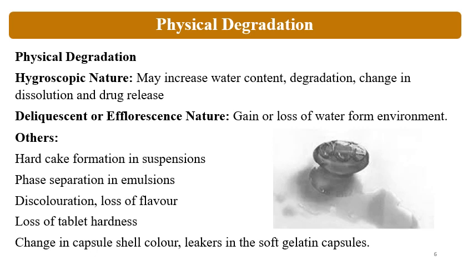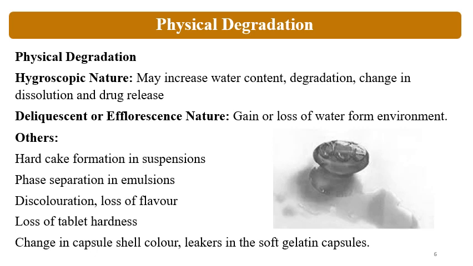And other physical degradation or physical changes involve changes like hard cake formation in the suspension formulations, phase separation in emulsions, discoloration of the tablet or capsules, loss of flavor.